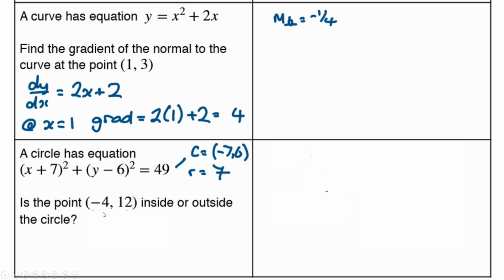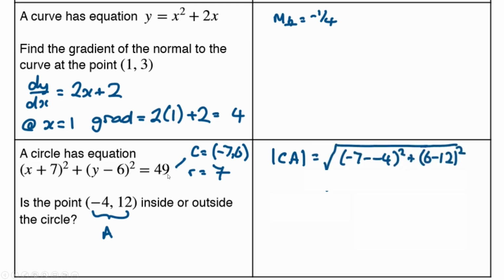Now, is the point here inside or outside the circle? Well, if it's inside the circle, its distance to the centre is going to be less than 7. So in other words, the question is saying, what is the distance between here and here? And is that number less than 7? Well, that's just Pythagoras. So let's work that out. So I'm going to label this point A, because it just means I'm then working out the length of CA using Pythagoras.